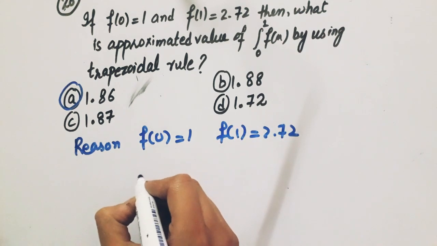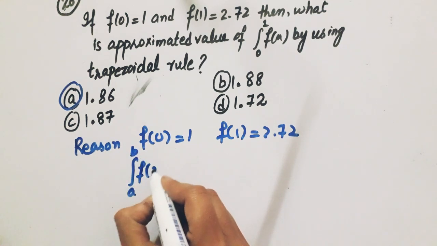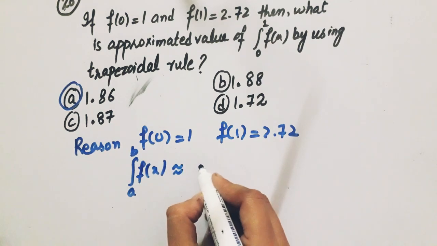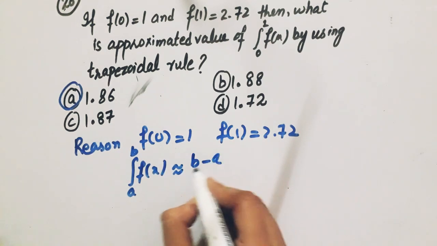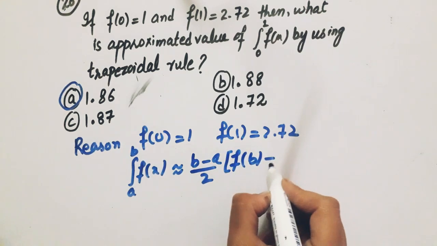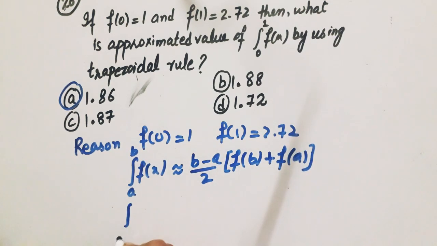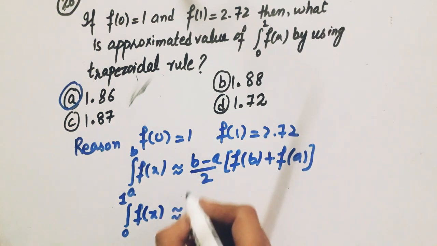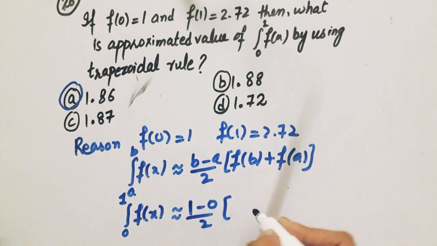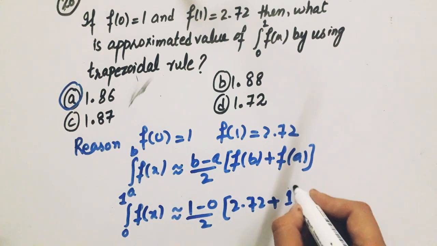Now apply the trapezoidal rule, that is the integral from a to b of f of x is approximately equal to b minus a by 2 times f of b plus f of a. Now put all the values: from 0 to 1, f of x is approximately equal to 1 minus 0 divided by 2, times f of b which is 2.72 plus f of a which is 1.